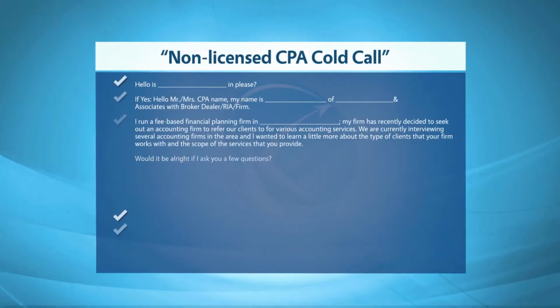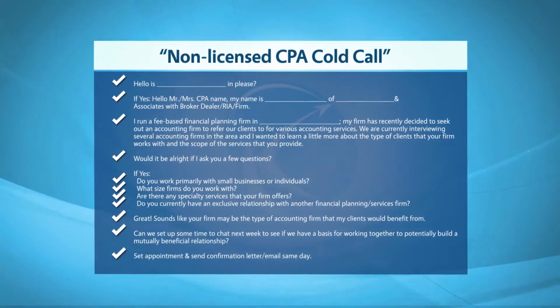If you do that, that's where you'll set that half of an appointment an hour. Right? Most of the relationships that I've built are actually from cold calling CPAs in my environment and in the local area. So I want you to understand that this is one of the most powerful things that you can do. Take a look at your screen and we'll go through what that cold call script or telemarketing script actually looks like.